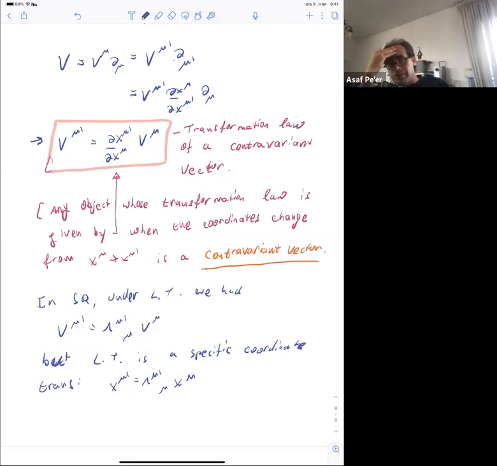So obviously, what we did in special relativity is a specific example of this more general approach. What we did here is more general because it works for any coordinate transformation, not just a simple linear one. Because it's not necessarily linear, it can work for any curved space-time.